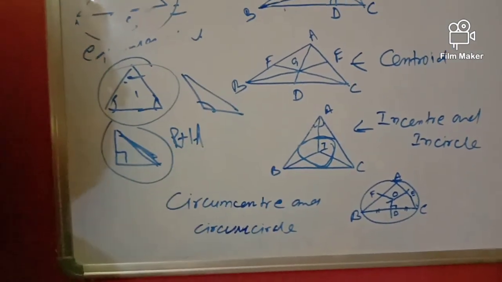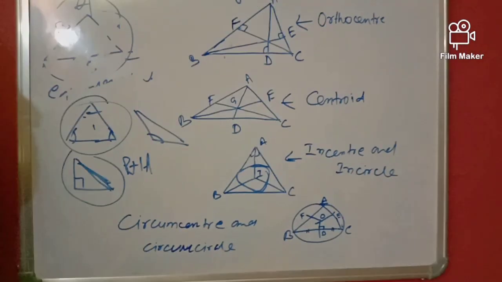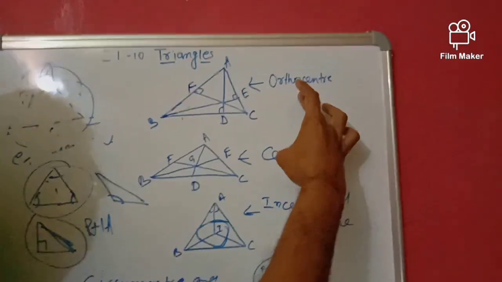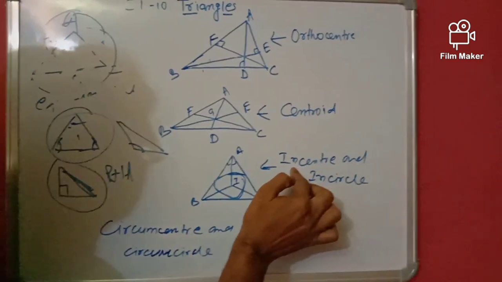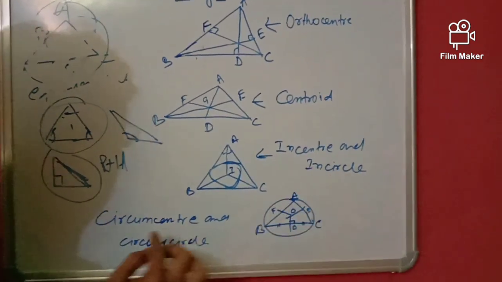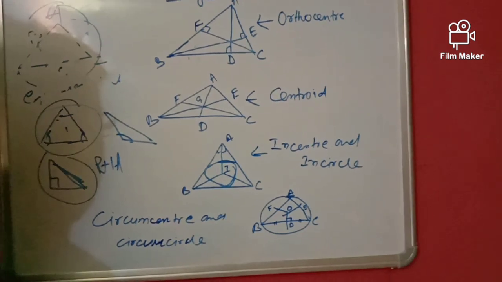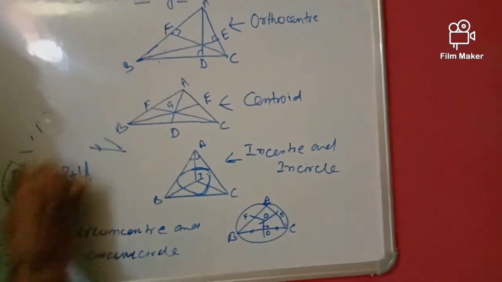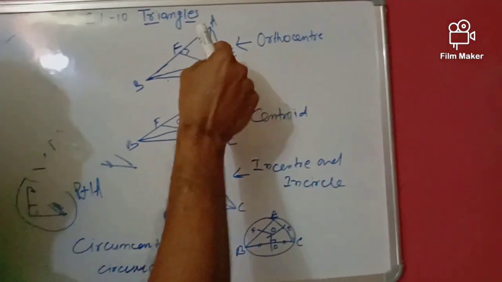it is called an obtuse angle triangle. Now, some terms connected with the triangle: orthocenter, centroid, incenter and incircle, circumcenter and circumcircle. Orthocenter. ABC is a triangle.